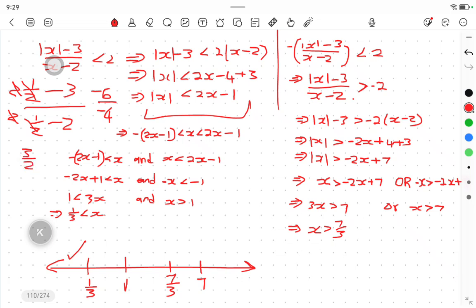And 3 over 2 is less than 2. Yeah. It's fine, we can just pick one number. Then 3 over 2 is still less than 2, and this would work.